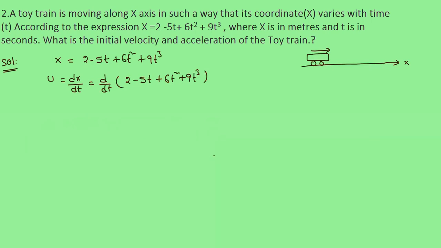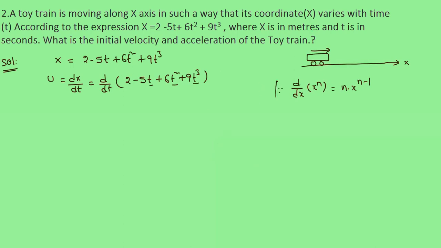Repeatedly we are going to use the formula d by dx of x to the power of n equals n into x to the power of n minus 1, because t to the power of 1, 2 and 3 are there.